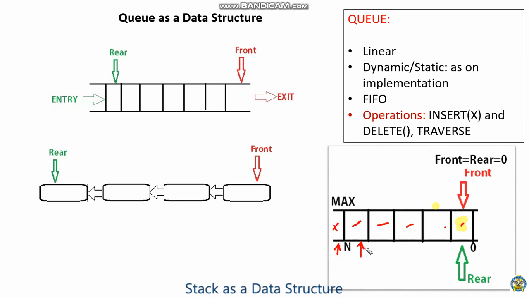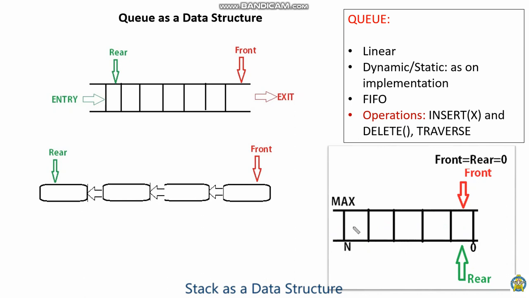But is it really full? No. If you look here, this item is free because we have deleted this. This remains free. But the queue reports as full because my rear has reached max. So this is a drawback of a linear normal queue, which can be overcome by what is called a circular queue. So a common question that is asked, what is a circular queue?